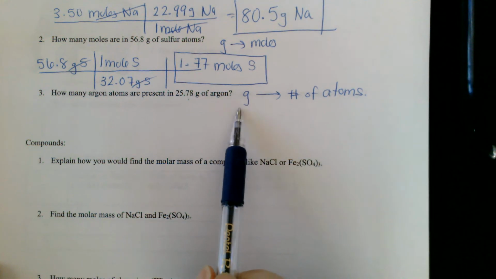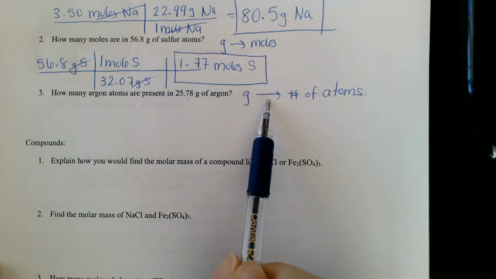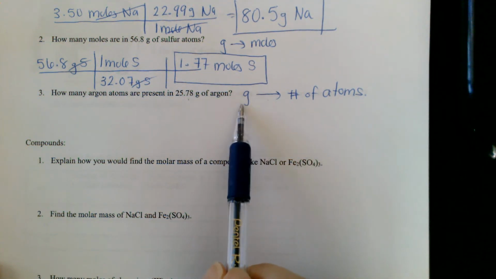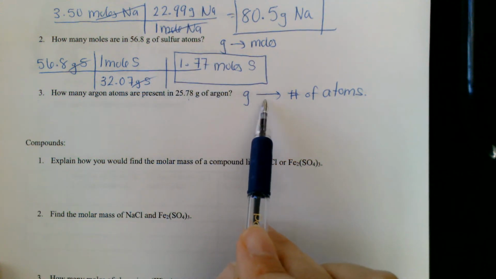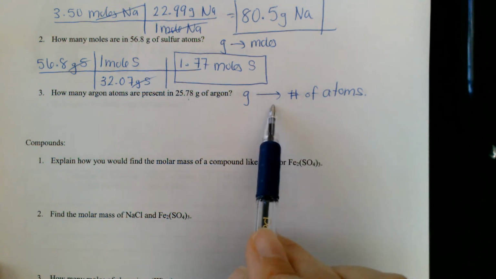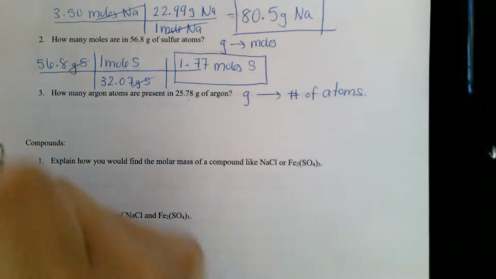First I go from grams to moles using our molar mass, similar to what we did up here. Once I'm in units of moles, I have a conversion factor to go from moles to number of atoms, and that's using Avogadro's number.